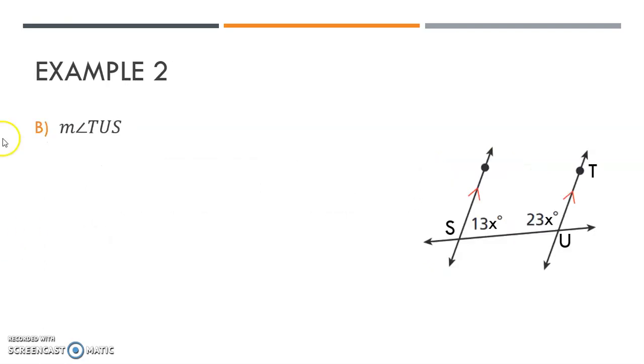In example 2, we needed to find the measure of angle TUS. So this is the 23x angle. Decide what type of angles they are and what's true about those types of angles. And then see if you can write the equation that's going to help us solve this. Then press play to check your answer.